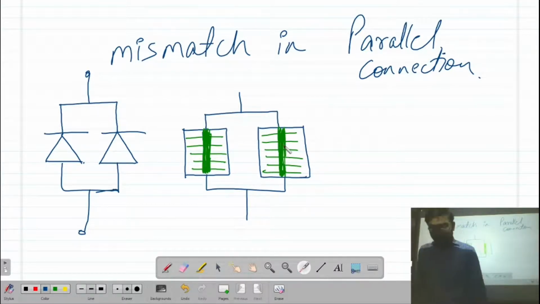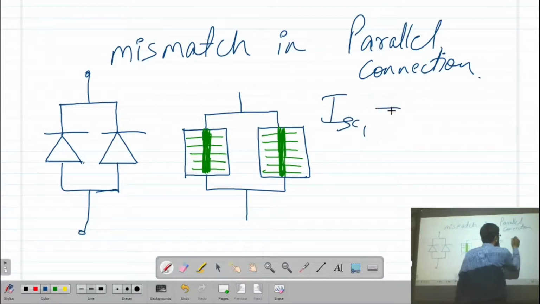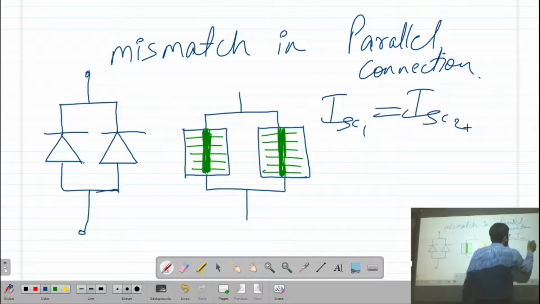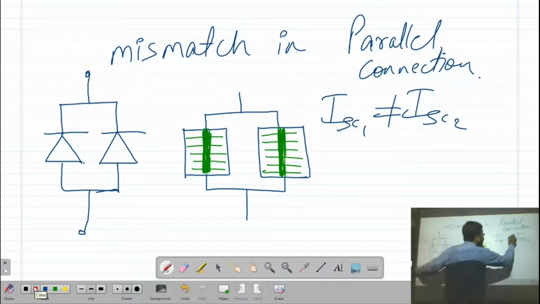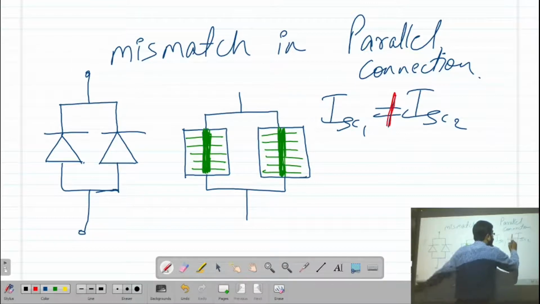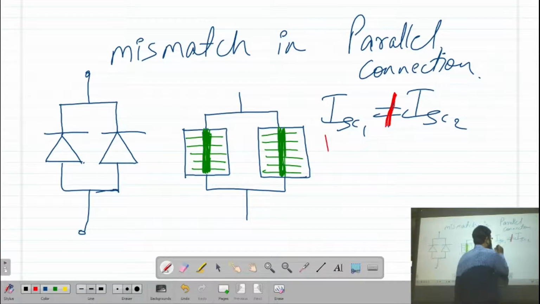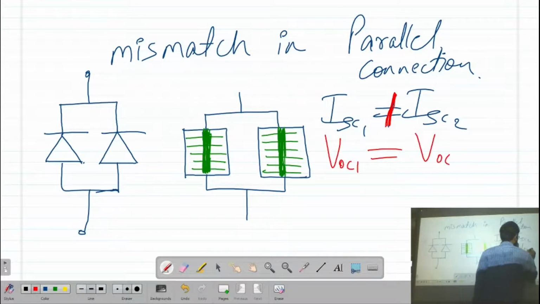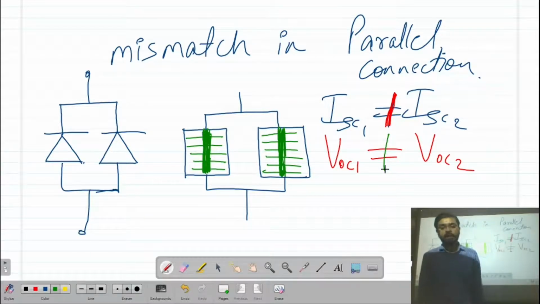Now, in case of parallel connection also, we may have unequal ISC1 and ISC2. We may also have unequal VOC1 and VOC2.